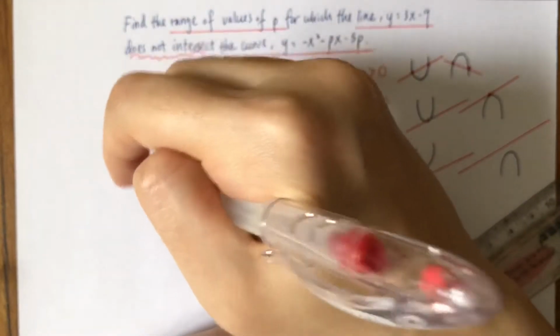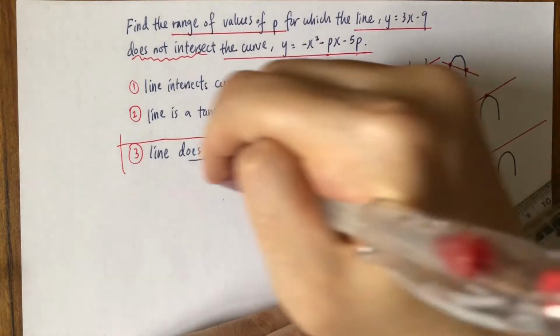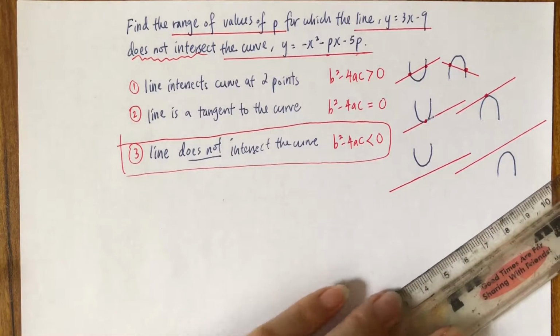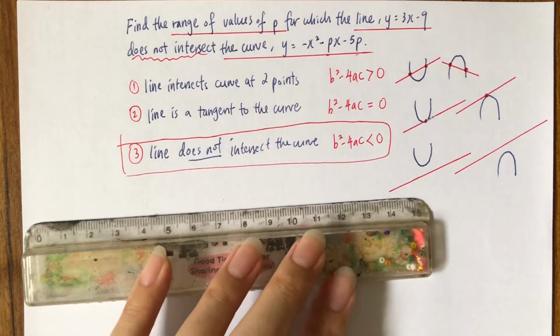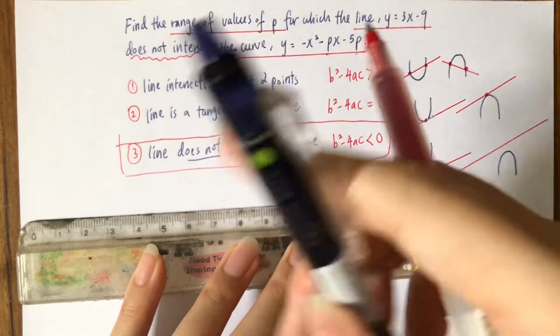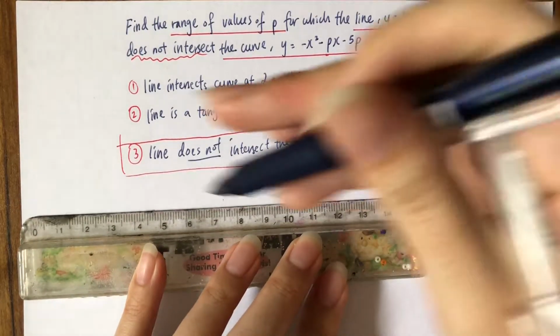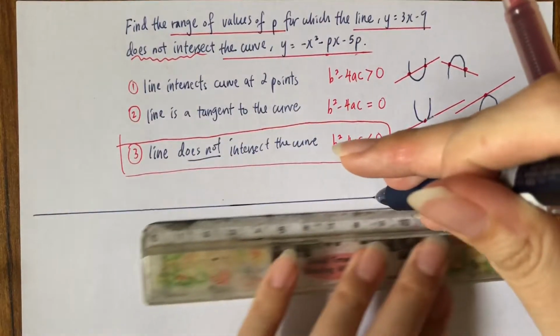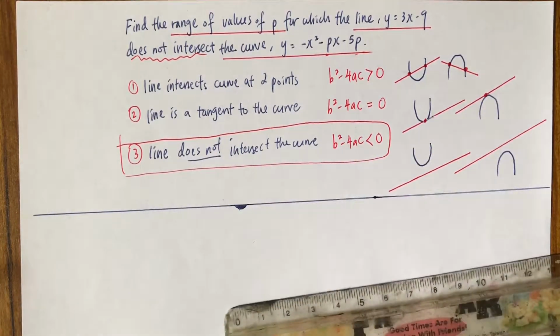Great, we have gotten this clue, and that's almost like half the job done. Now I would just separate this paper, the top and the bottom, for the workings later on.